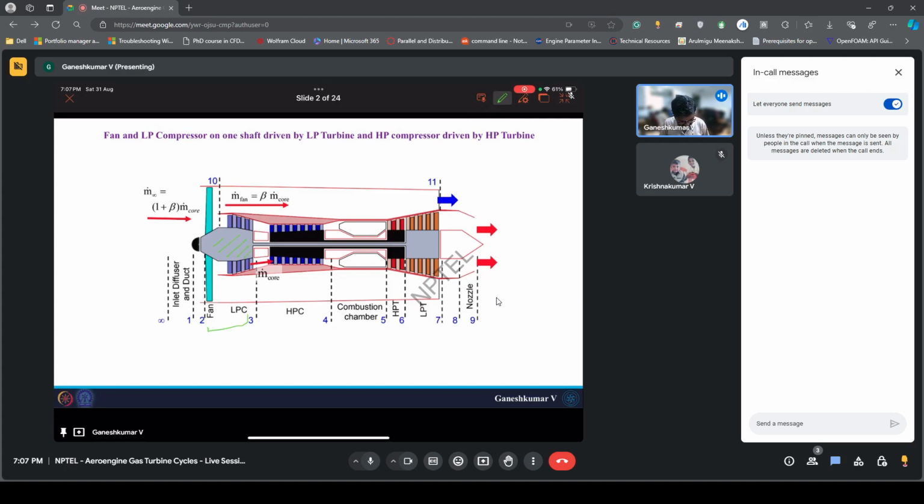And this dark spool over here is driving the high pressure compressor. So basically the work is coming from the high pressure turbine.